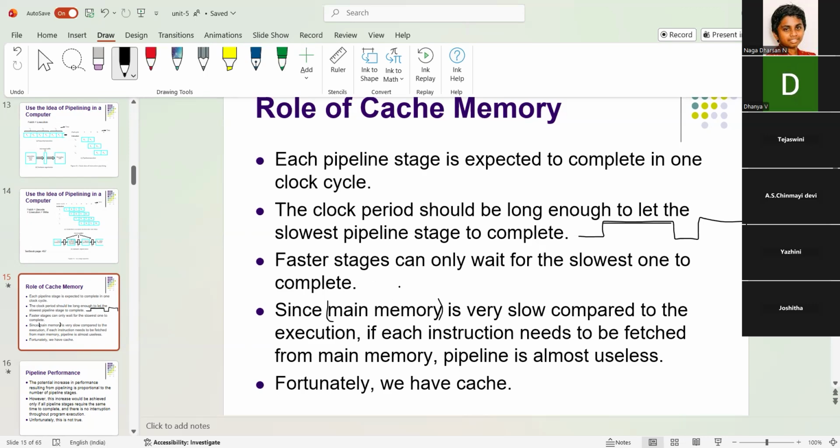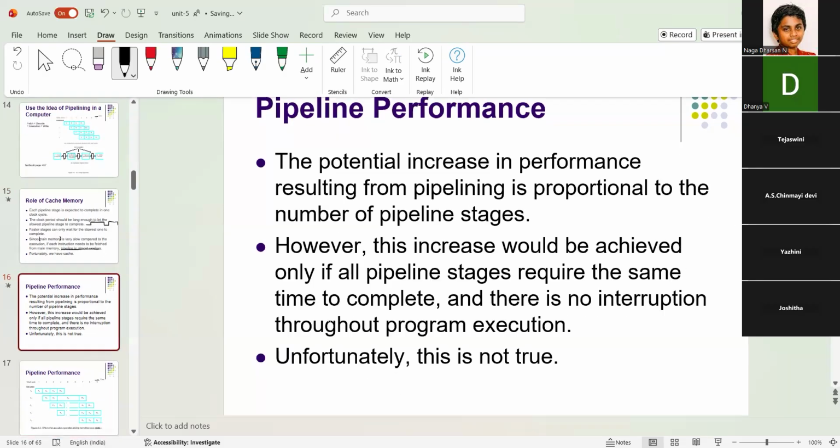Accessing from the main memory will be the slow stage, so if it is very slow, it is going to defeat the purpose of pipelining. Pipelining will become almost useless, right? So that's why we have cache, so that you access things faster.